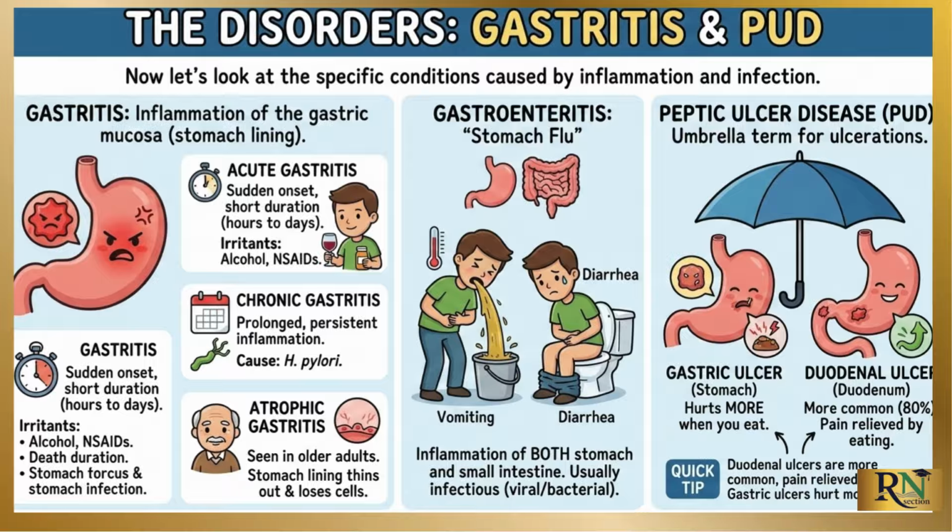Peptic ulcer disease, the PUD. This is the umbrella term for ulcerations in the stomach, the gastric ulcer, or the duodenal ulcer. So it's an erosion of the GI mucosa due to acid and pepsin, occurring in the stomach or duodenum.